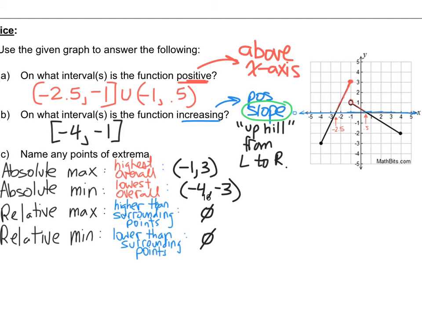There are none. It has to have points on either side of it in order to be a relative extremum. It can be absolute. It could be the tallest point on the graph. It can't be relative because it has to have points on either side, which means it has to be part of a path, never an endpoint.